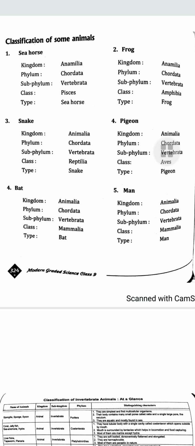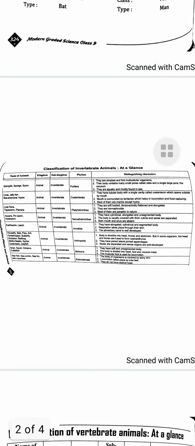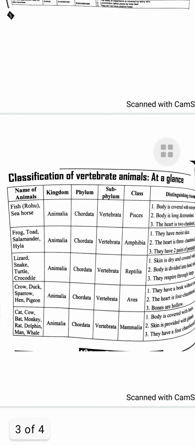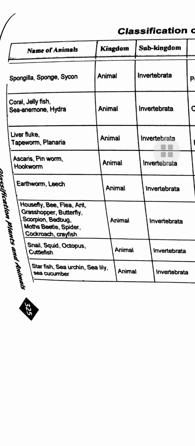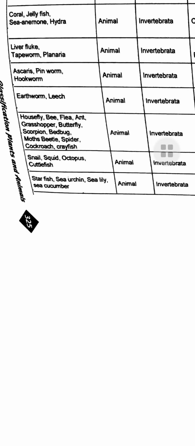Number 3, snake. Number 4, pigeon. Number 5, man. Number 6, sponge, S-P-O-N-G-E. Number 7, housefly. Number 8, starfish.